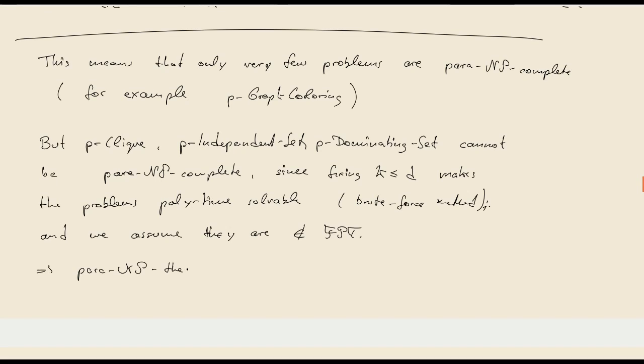Let's say the para-NP theory does not help in settling the true complexity in the parametrized sense of these problems. And indeed, this is the much more wealthy and interesting class.